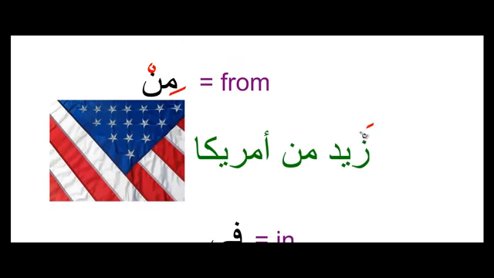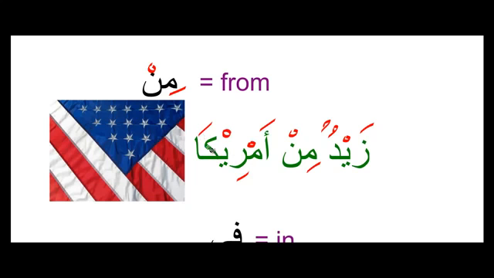And then we have the harf min, which means from. So here the example is Zaydun, Zayd, min America. Zayd is from America. Now, what you're supposed to wonder or ask is, well, why does America have a fatha instead of 2 kasras like it should?